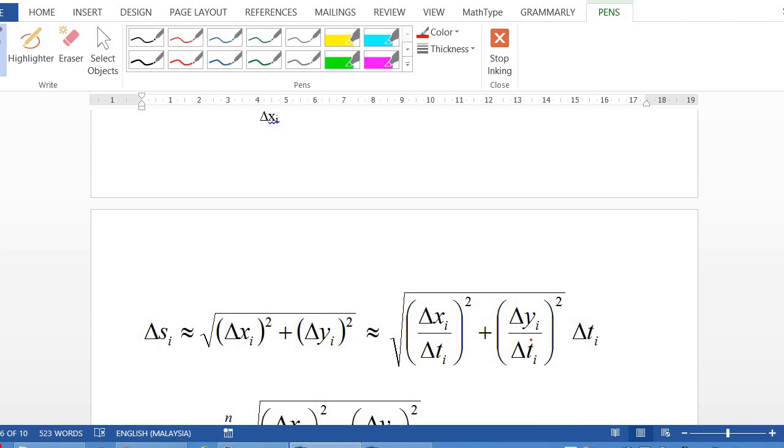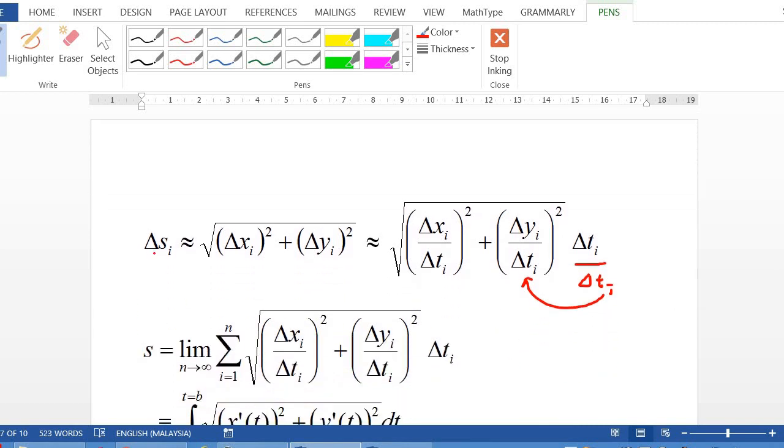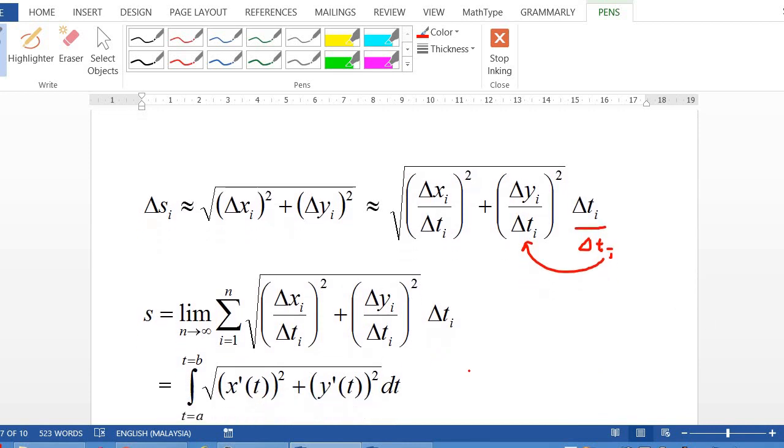If we multiply by delta ti, we also have to divide by delta ti. The division, when it goes into the square root, becomes divided by delta ti squared. That's why this is one small arc length.